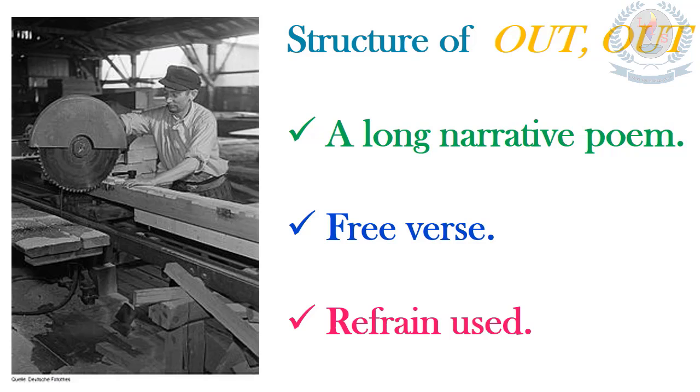That line has become a refrain as it has been repeated in the first and seventh lines of the poem. Is that clear? If it is used in the first and second lines, we can't say that a refrain is used.